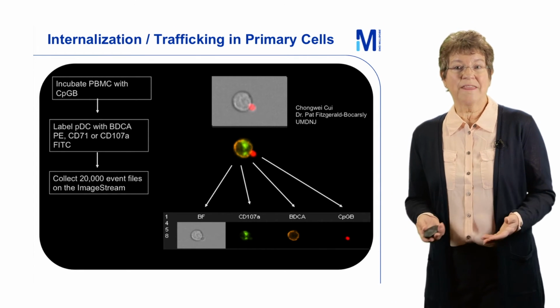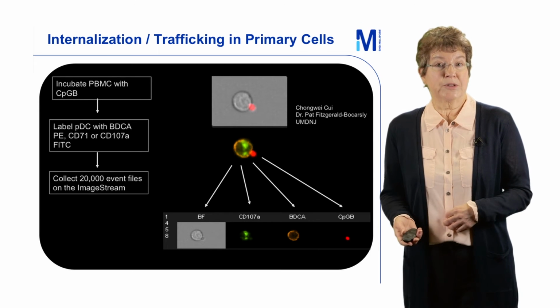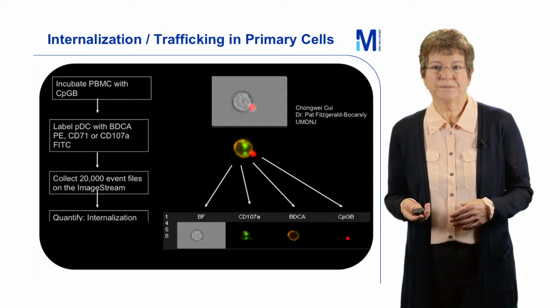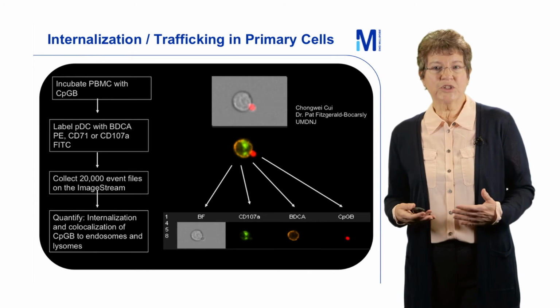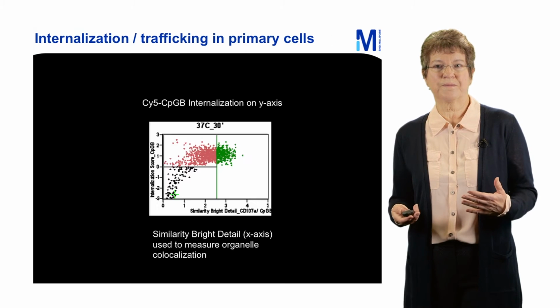We collected 20,000 event image files on the ImageStream for this because these plasmacytoid dendritic cells are a rare event in whole blood. Then quantified the internalization and colocalization to the endosomes and lysosomes.